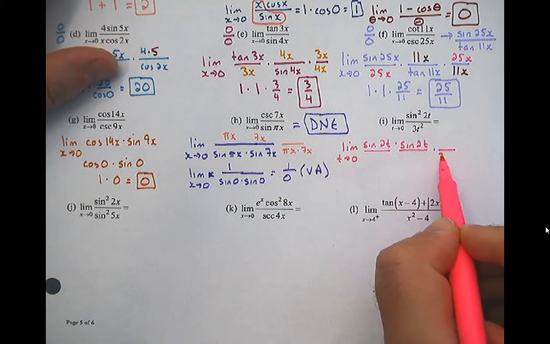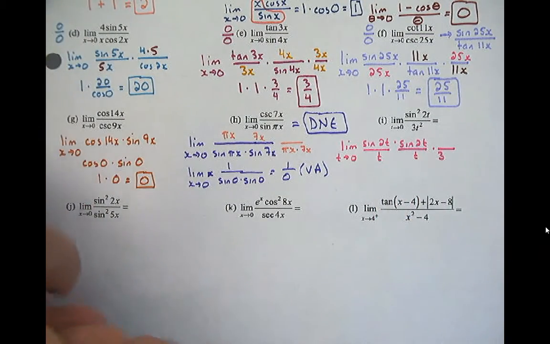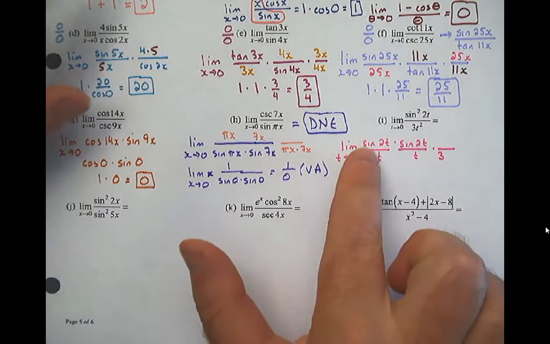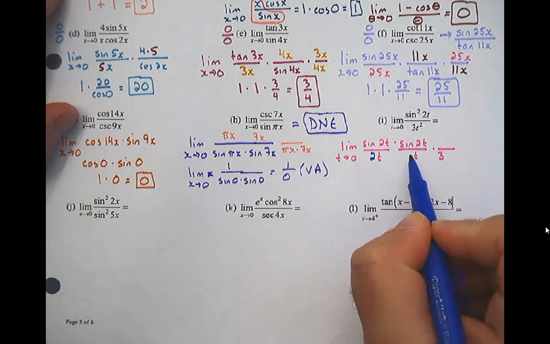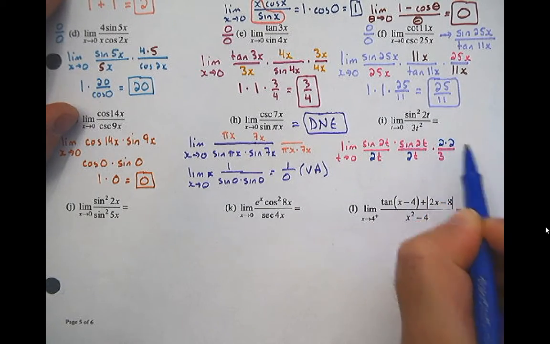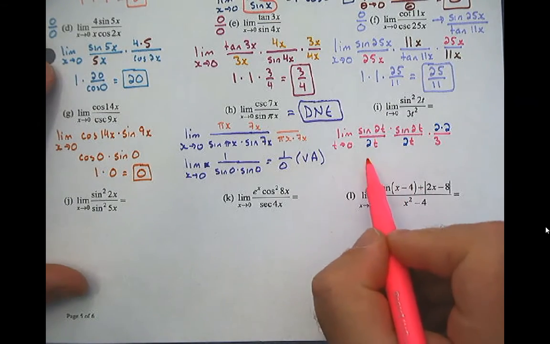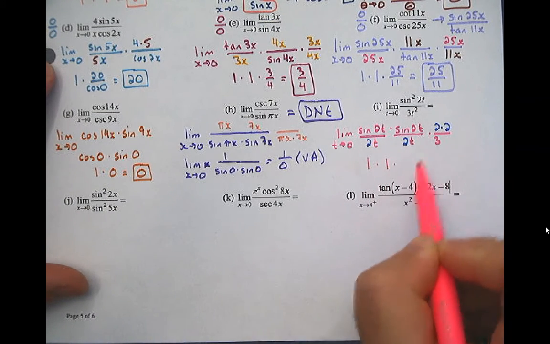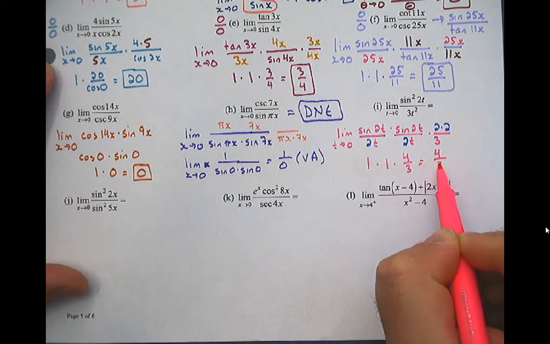I'm going to leave the 3 over here, and I'm going to leave a t with each one of these. Now to make this guy happy, he wants a 2. To make this guy happy, he wants a 2. Well, if I put a 2 times a 2, I have to put a 2 times a 2 there. And we're left with 1 times 1 times 4/3, which ends up being, of course, 4/3.